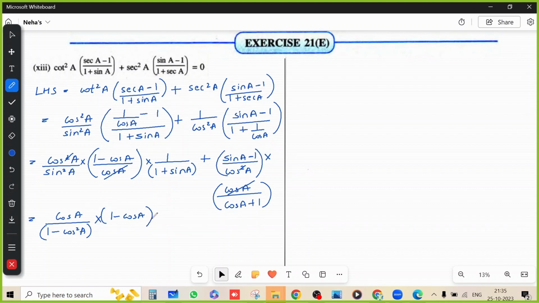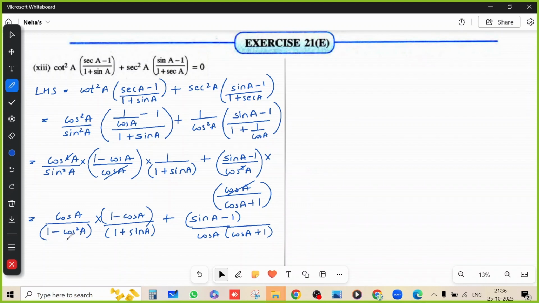And the rest of the terms will be copied as it is. In the second expression, we are left with sin A minus 1 divided by cos A into cos A plus 1.